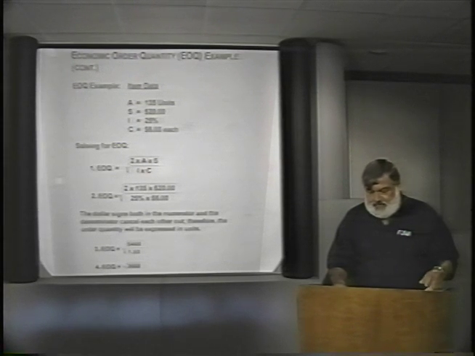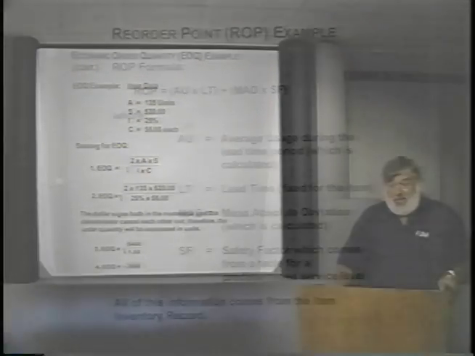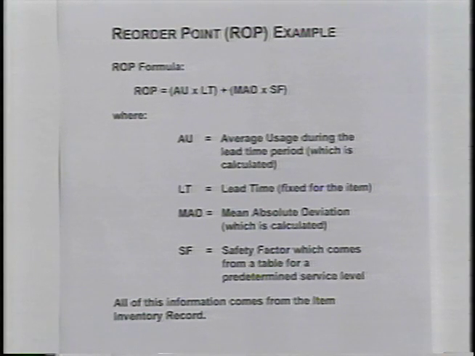Now, turning on to page 11C, we're going to look at an illustration for the order point system. And again, for continuity purposes, we're showing the order point formula, and we're showing the data elements that comprise the order point formula.